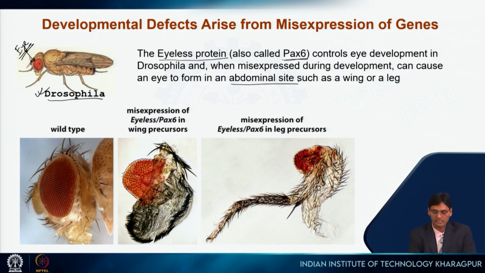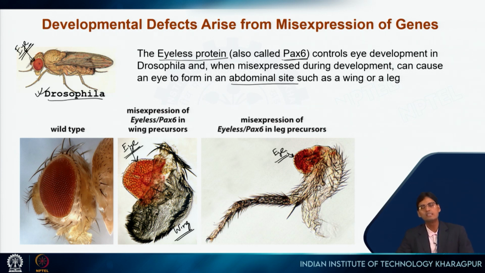For example, as you can see, here is an eye-like structure, where this is just a wing, right? So misexpression of eyeless or PAX6 in the wing precursor produces an eye in a different location, which is not the normal location. Similarly, here you can see development of an eye on the leg of this Drosophila. This is again because of the misexpression of this protein.